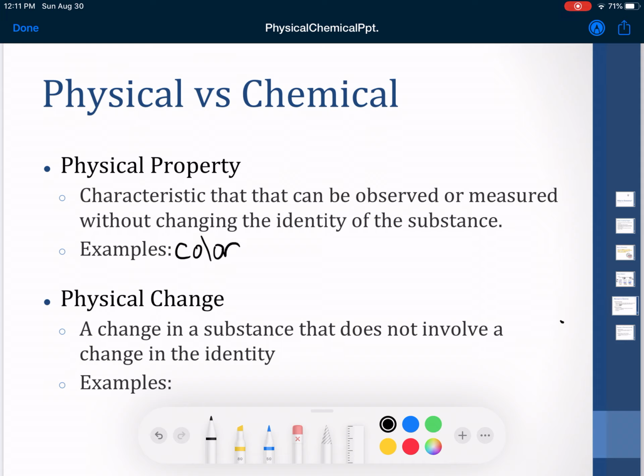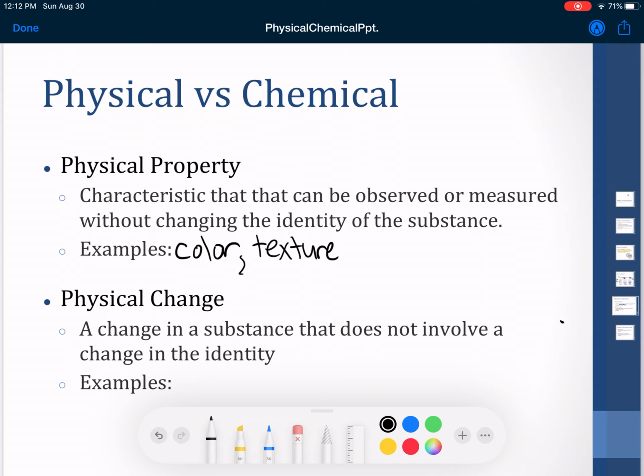Okay, so if I'm looking at a car, one car is red, one car is blue. That's a physical property. Another one could be something like texture. Okay, if I feel some sort of countertop and that countertop is smooth versus I feel another countertop and that countertop is bumpy, that's a different type of texture.